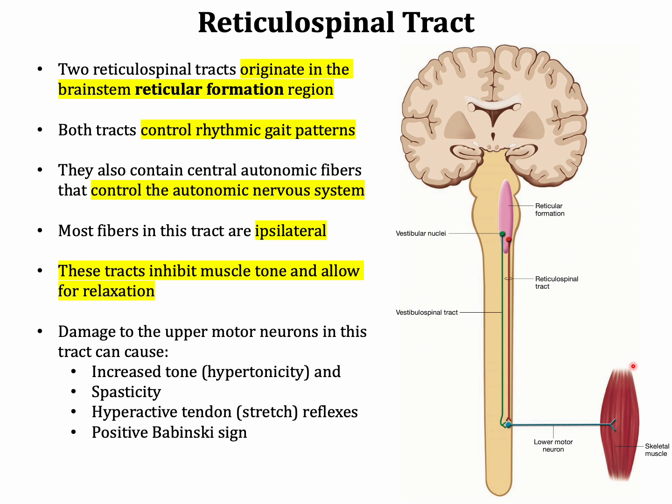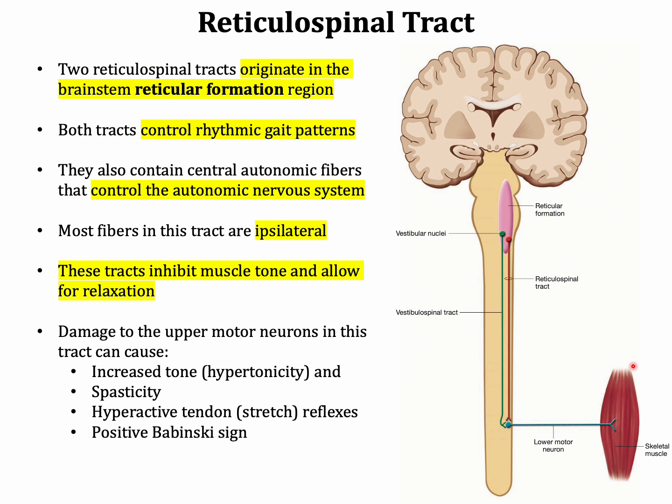So this is more control of our normal walking patterns and movement patterns that kind of automatically happen. And also, this tract here has fibers that control the autonomic nervous system. So, more subconscious control going on here. These stay ipsilateral, meaning they stay on the same side of the spinal cord. There's no crossing over that takes place here.